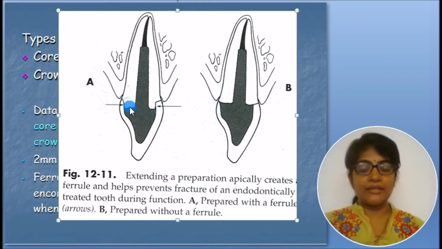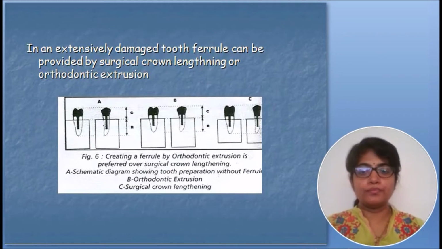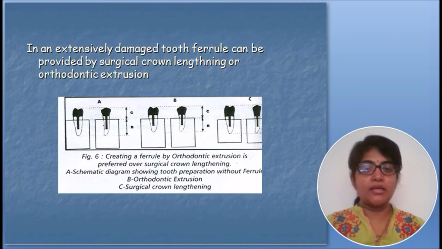Here there is a coronal dentine, here there is no coronal dentine. So this is the effect of ferrule.